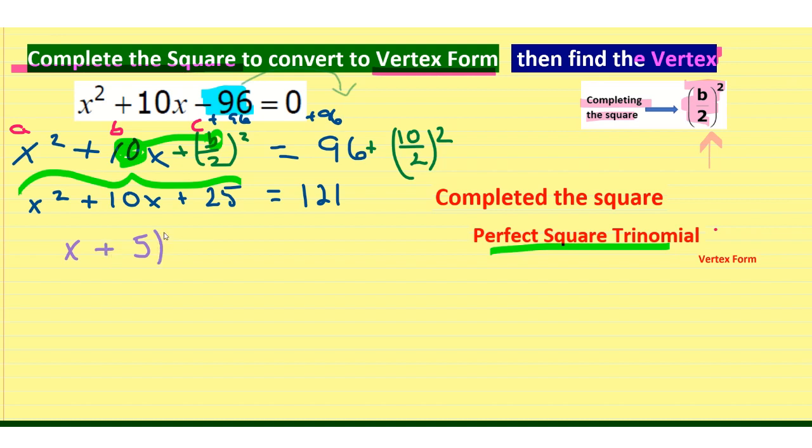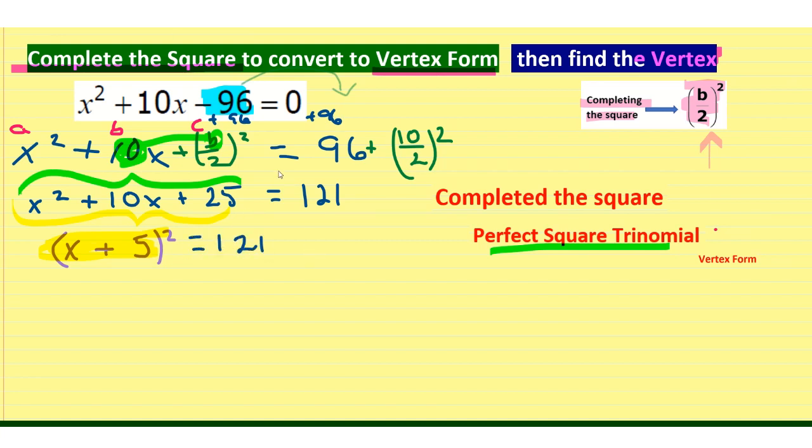So this part right here, we're going to square that. So we've got to understand that this right here is the factorization of my perfect square trinomial right there. That is what completing the square allows us to do, is turn it into a perfect square trinomial which can be factored easily. Okay, so I still have my is equal to 121 over here.